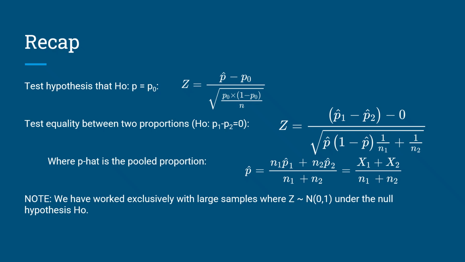In order to do that, we have to be able to calculate the pooled proportion as well as the proportions for each of our subgroups. I just want to note that we've worked exclusively with large samples, where we're calculating values of z for our test statistic under the assumptions of the standard normal distribution. So we haven't talked about working with smaller samples.